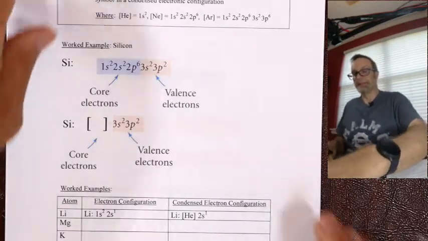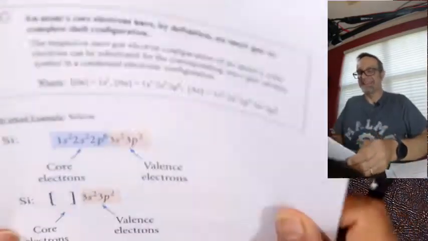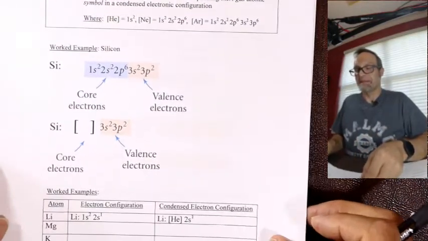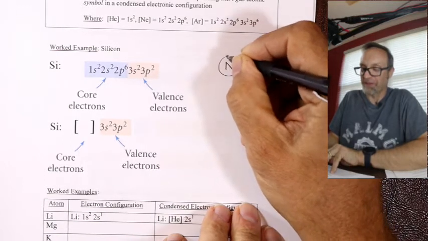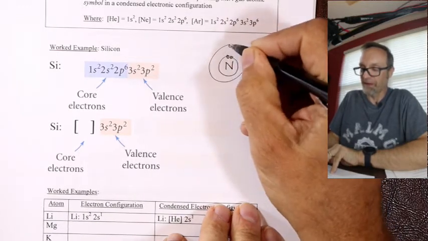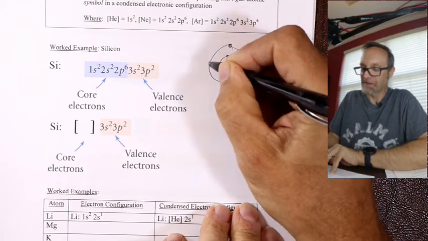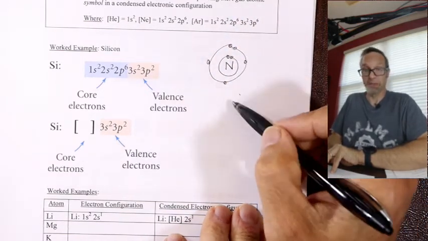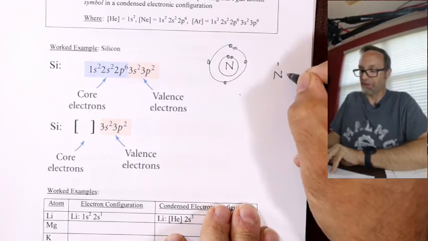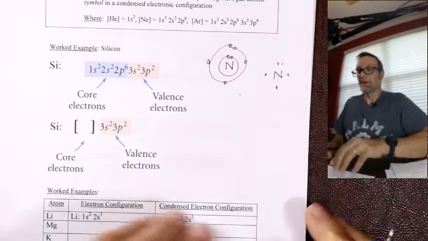Now, here's an interesting analogy. Remember we had this? So I did nitrogen again. Nitrogen is kind of a good one. That was its full dot diagram, and this, if you remember, was its Lewis.